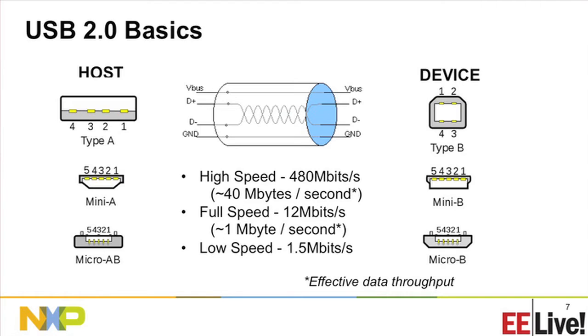On the device side, we have the B receptacle, and there are many variants of the B. On the top right is the most common B receptacle, and we also have mini B and micro B. These two connectors added a fifth pin that is mainly to accommodate the on-the-go device.